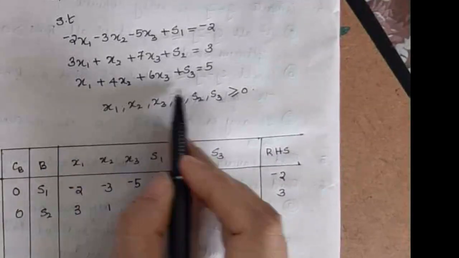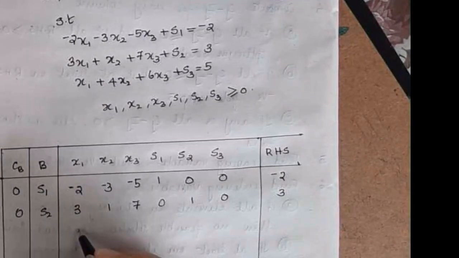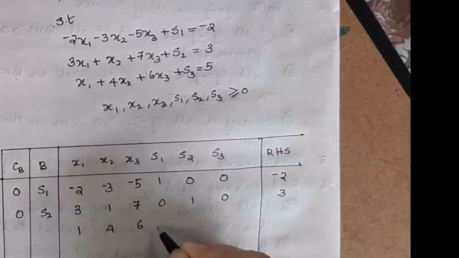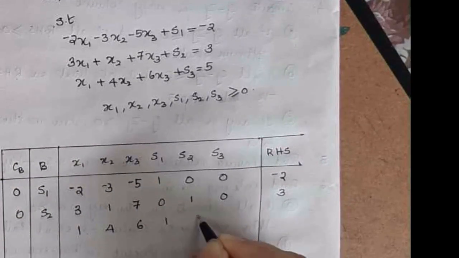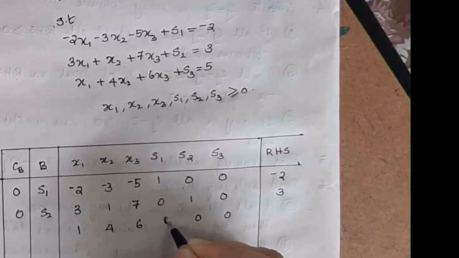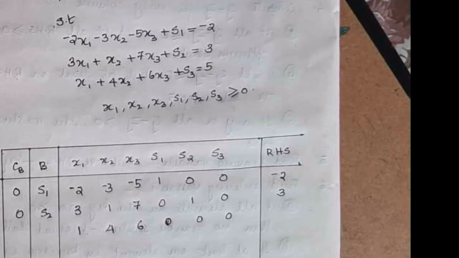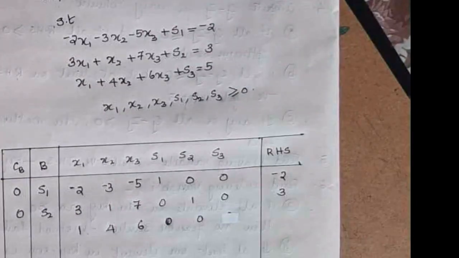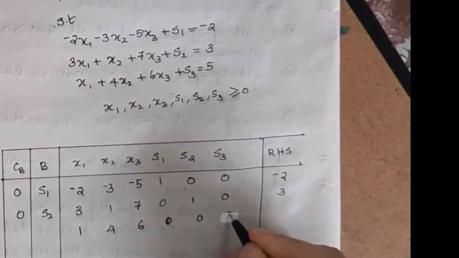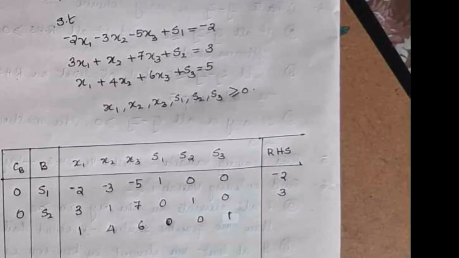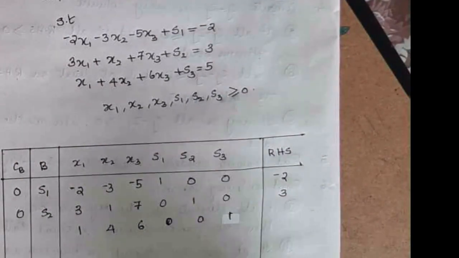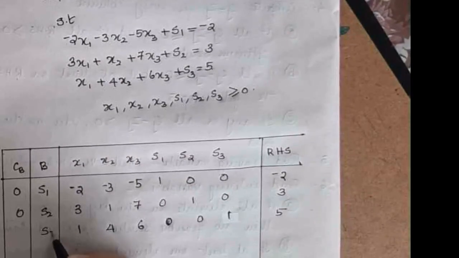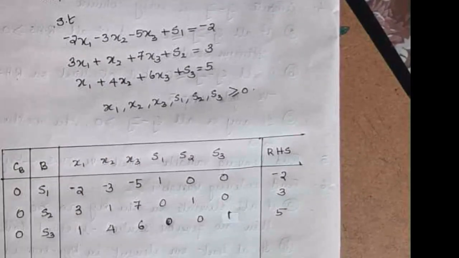Now the third constraint is 1, 4, 6, 0, 0, and sorry, this is 1. The value on the right hand side is 5. Here this is S3 with the value 0.